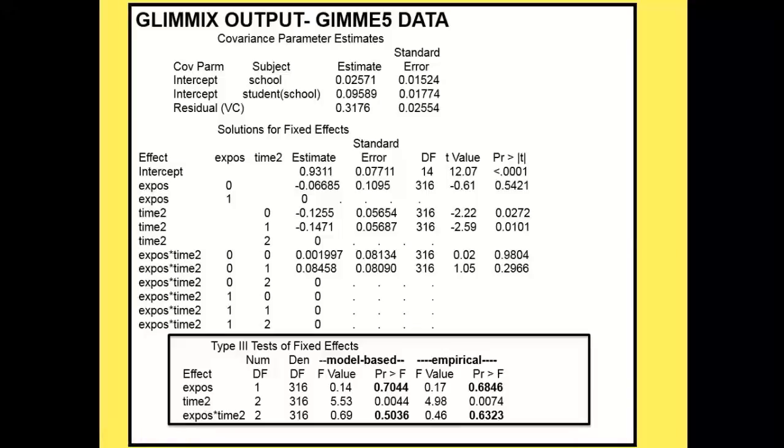What would you then conclude based on that? What's the question? Do kids getting the intervention, are they doing significantly more fruits and vegetables than kids getting the regular, the control group?